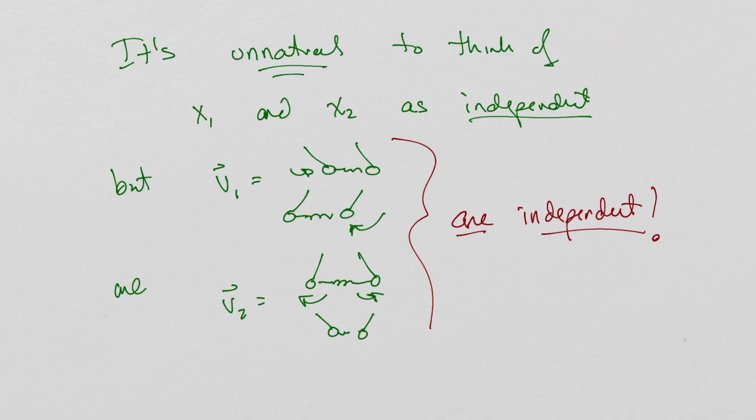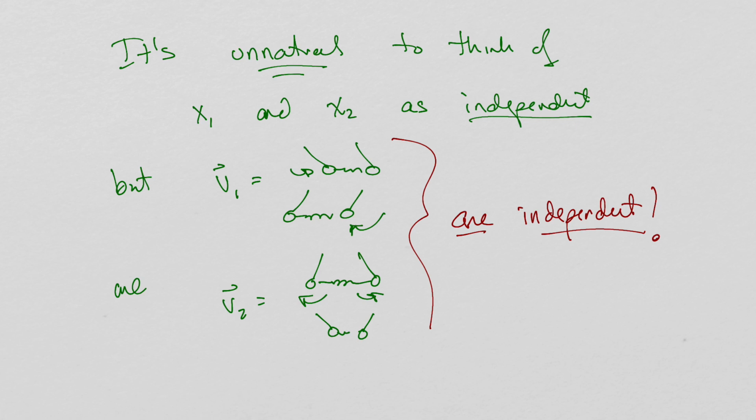But I can now take any behavior of this system, and instead of decomposing that behavior into where is x1 and where is x2, I need to think about that behavior as how much of it is oscillating left to right, and how much of it is oscillating out and in.